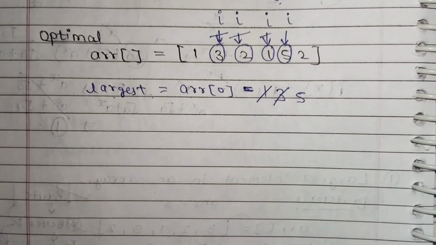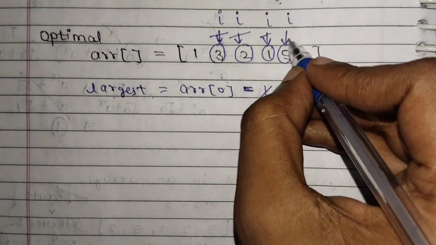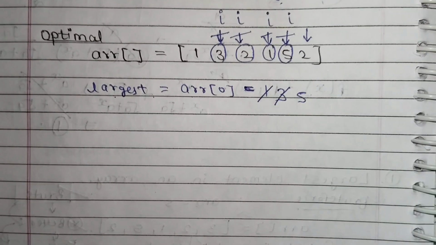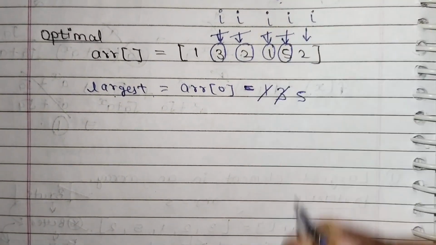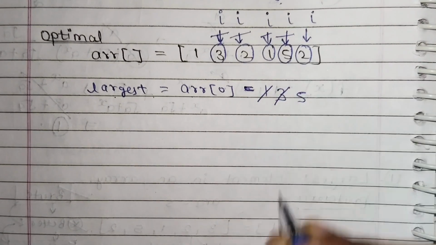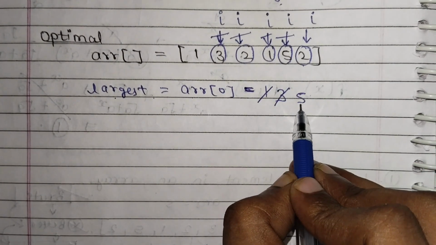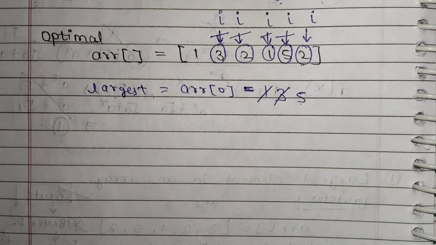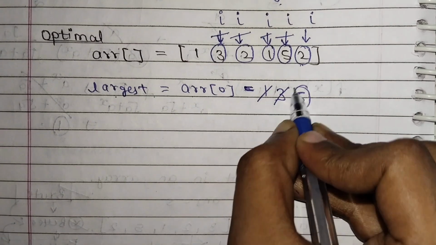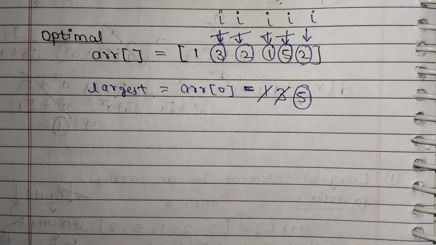We update largest to 5, and then we move to i equal to 5, where the element is 2, and we compare it with largest. Are you greater than largest? No, I am smaller than largest. So don't change, and here the largest element is 5. As I already told you, the answer for this array's largest element is 5.